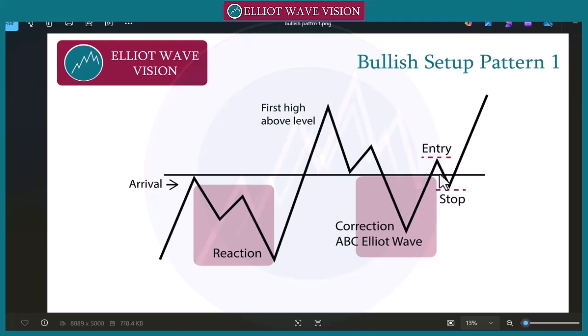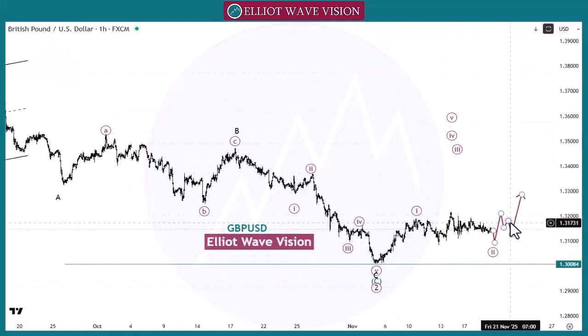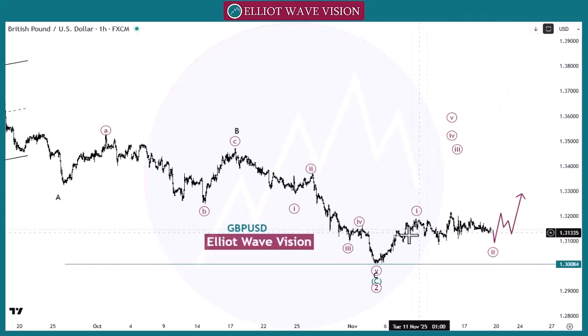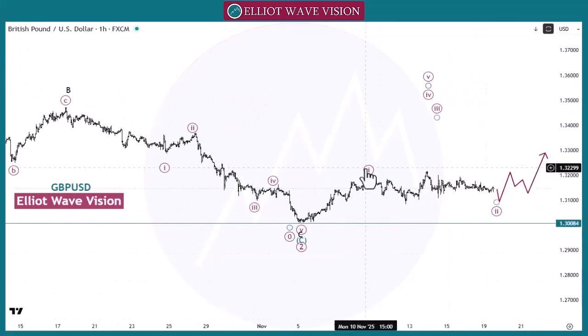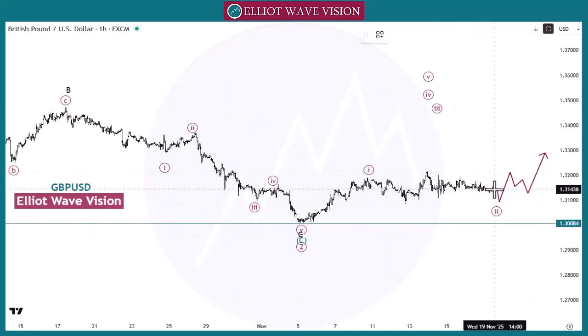Within this impulsive move, we can go with this wave B. So now wait for this impulsive pattern, the classic trading level pattern. If we do not wait for this pattern, then that's possible. Here we can count like wave A, wave B, wave C as a wave 4. Now the market is ready to go towards the bearish side.